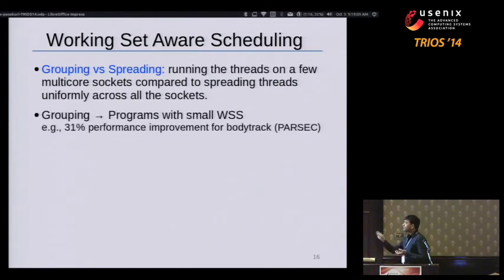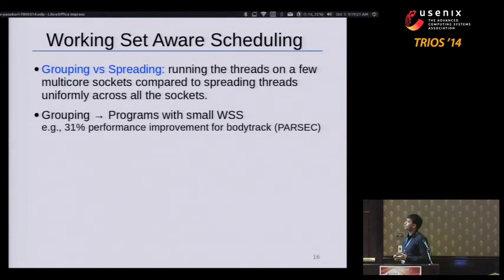For example, we observed on SPARC T4-4, and not only SPARC T4-4 but also on an x86 AMD Opteron system, a 4-core, 4-socket system, that programs with small working set sizes get better performance when you group the threads, that means when you use fewer processors.